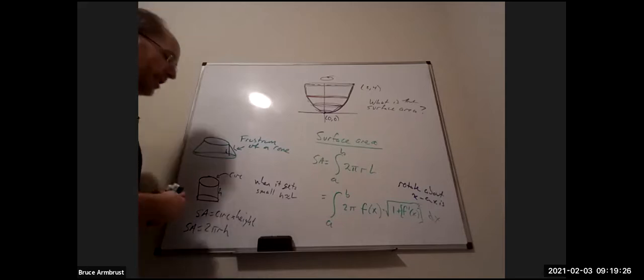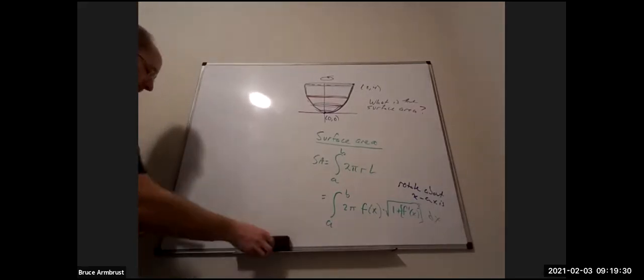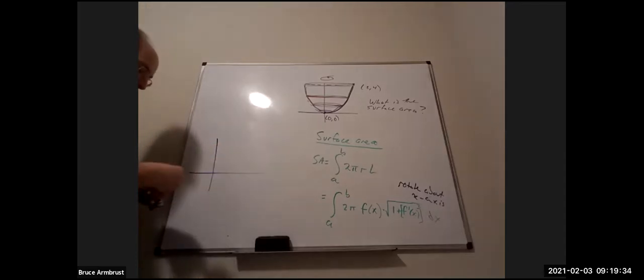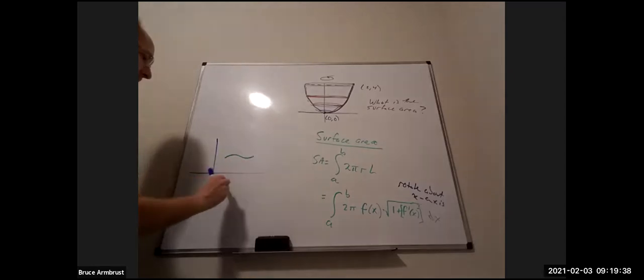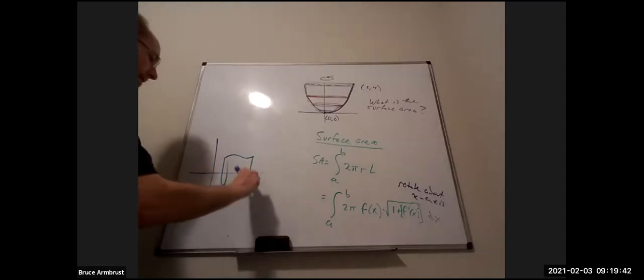So if we were to take a shape and rotate it around the x-axis, let me draw a picture so you can kind of see what everything is. So here's a curve. We rotate it about the x-axis.